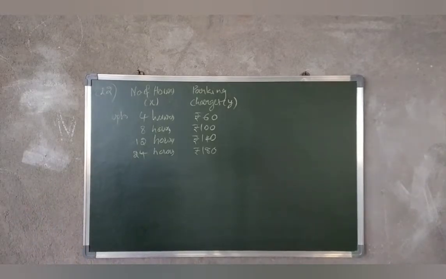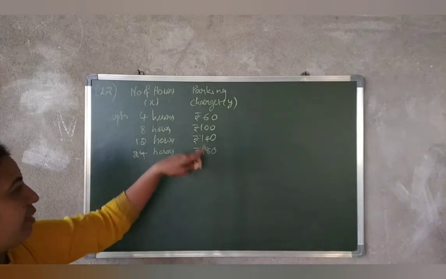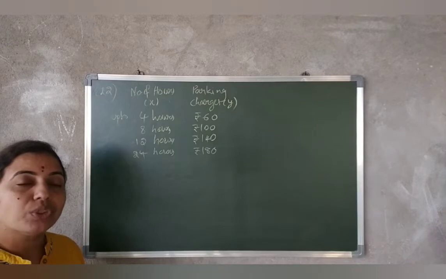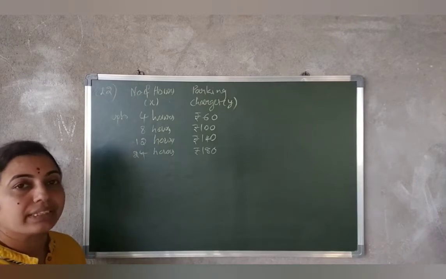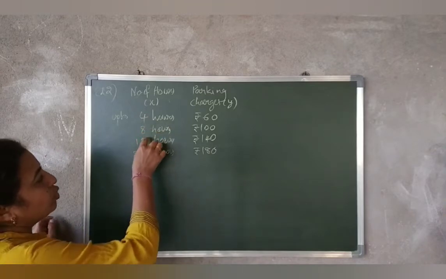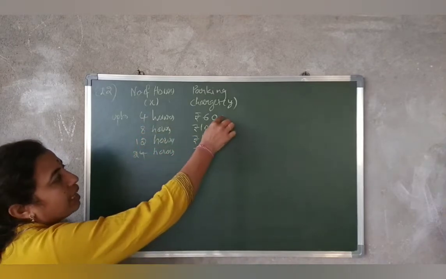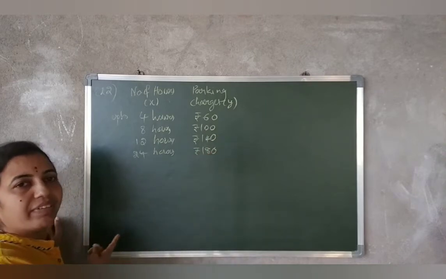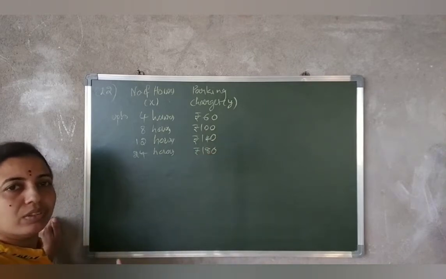What I said, to know when all the values are given, how to find whether they are in direct proportion or not: you should find the ratio of x and y. X by y. Here, this is x1, x2, x3, x4, and this is y1, y2, y3, y4. First value 1, second value 2, third value 3, fourth value 4, like that.